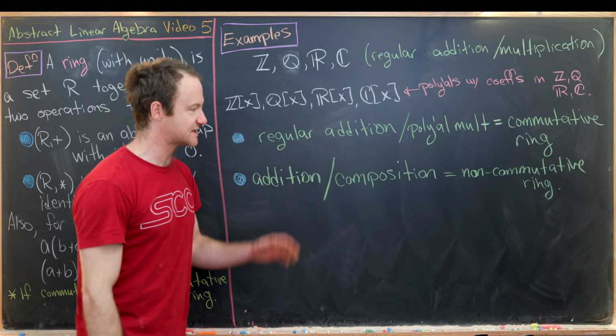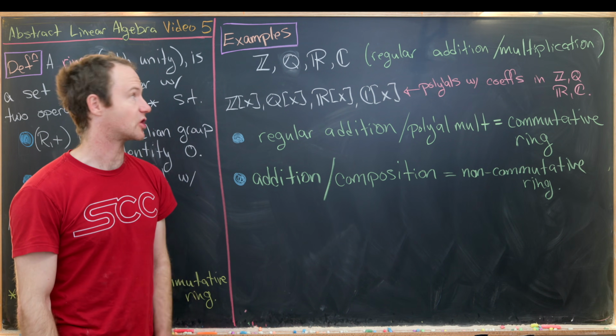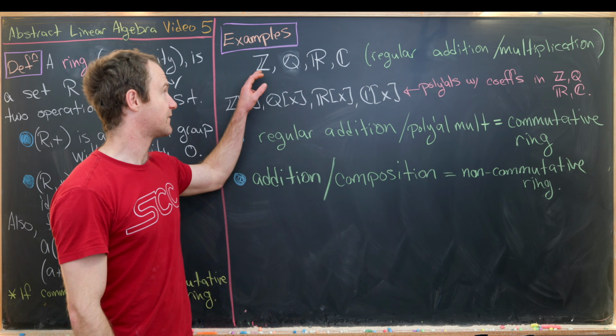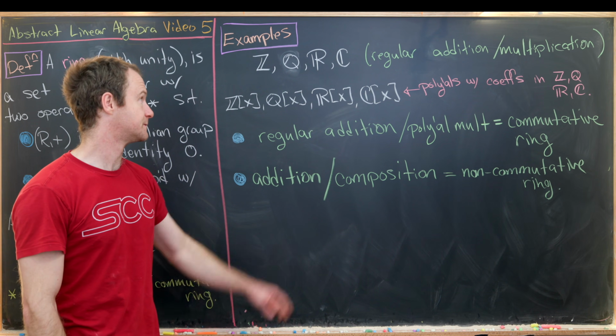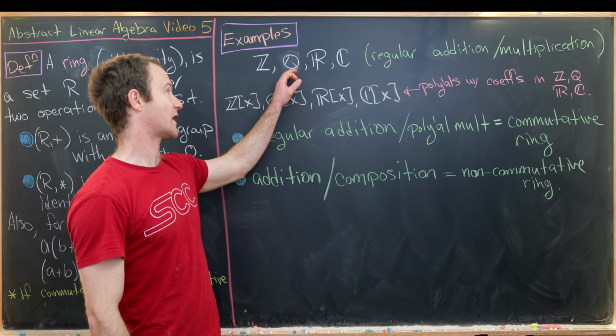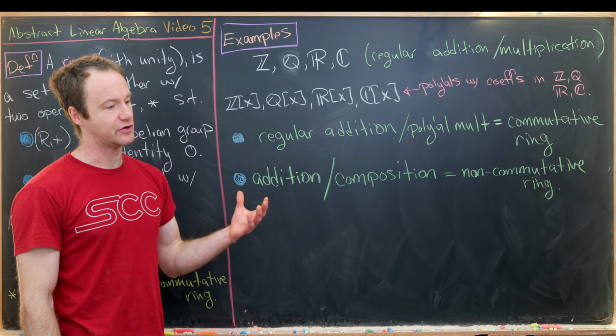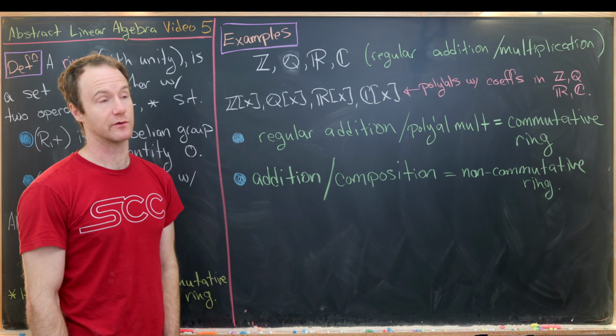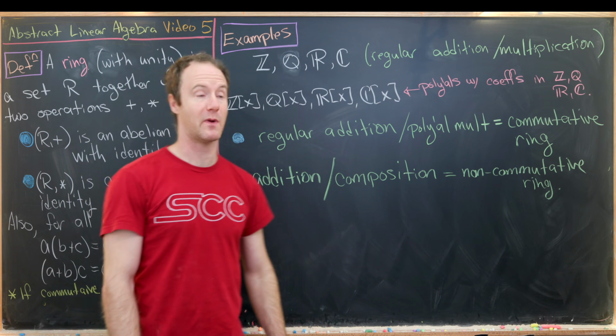Okay, so let's look at some examples. This won't be all of the examples we look at, but this will be the ones that we start with. So the first kind of basic examples are just rings of numbers. So we've got integers, rational numbers, real numbers, and complex numbers. So you can clearly add those and form a group. And you can also multiply those and they clearly form a monoid.